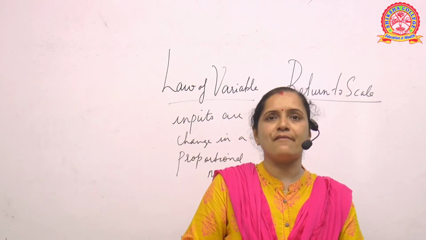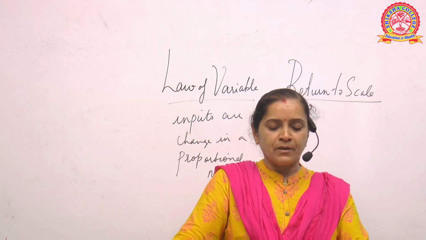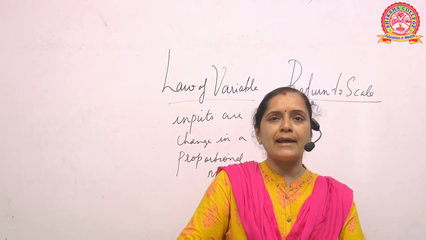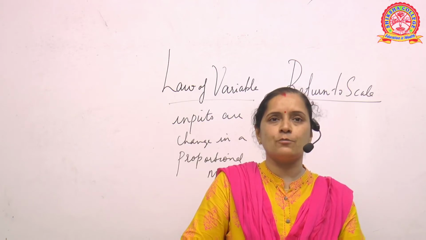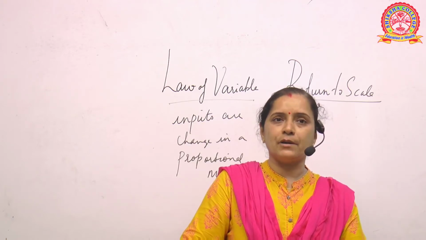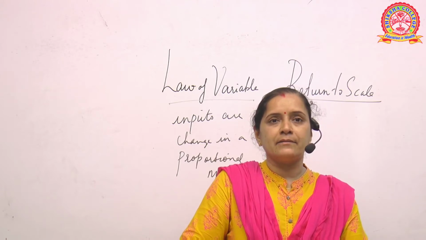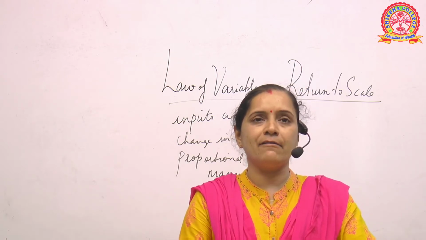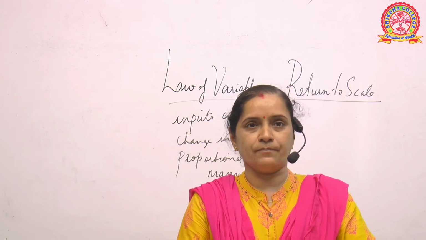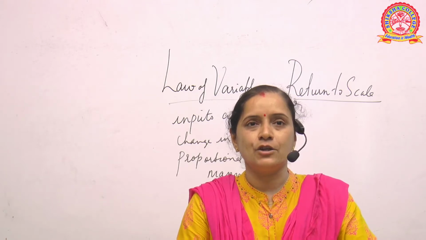This part we already discussed in the last class, and I told you that input and output can be proportionally changed. If you want to increase the output to double, then make input double and vice versa. Remember that returns to scale is applicable for a long duration, whereas the law of variable proportion is applicable only in case of short duration.